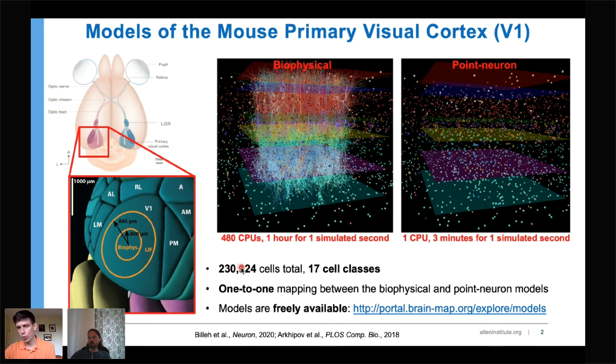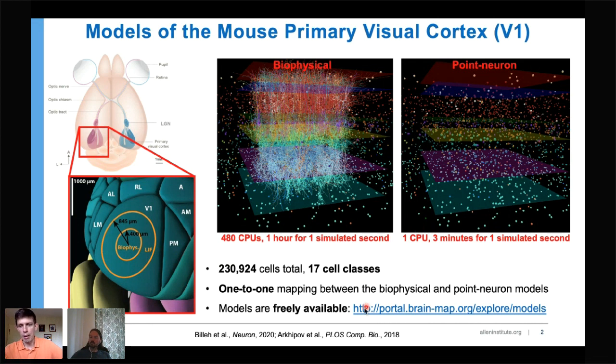And we built 2 versions of these models. One is a biophysically detailed model where the central portion of the model is represented using biophysically detailed, compartmental, morphologically realistic neuronal models. And the other, on the right here, is a point neuron version, where each neuron, instead of the biophysically detailed model on the left, is now represented by a point neuron, generalized leaky integrate-and-fire models.